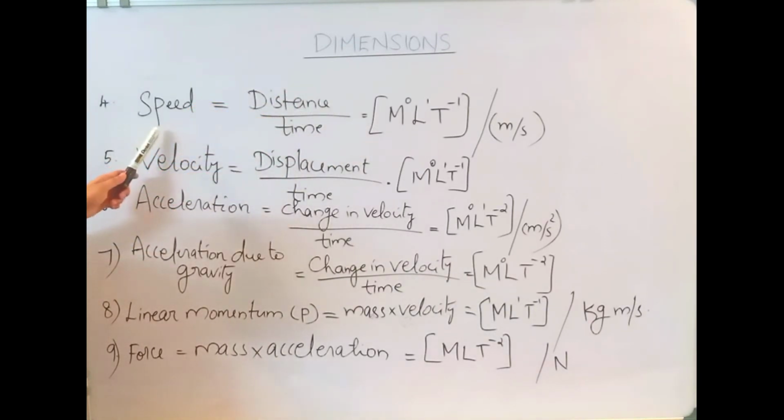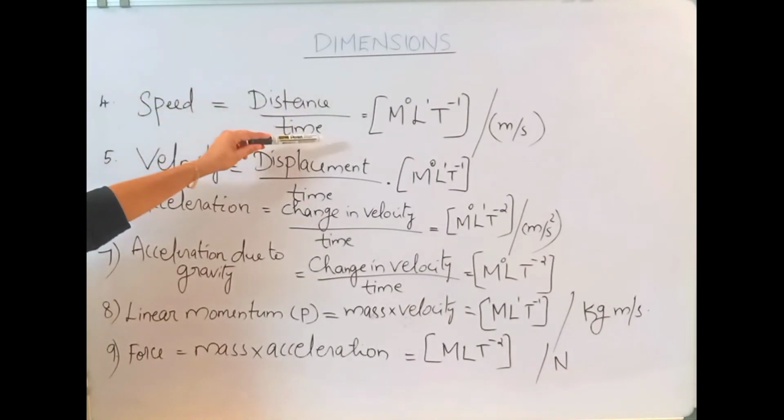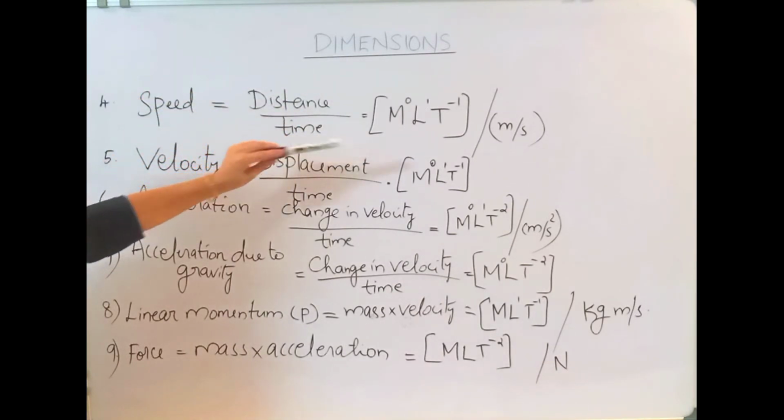Or we can find it from the unit, meter per second. Meter is the distance, so that will be L, and second is the unit of time. So L by T, the same way. Otherwise we can calculate by using the unit also.